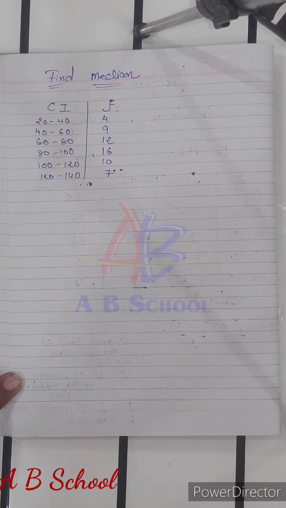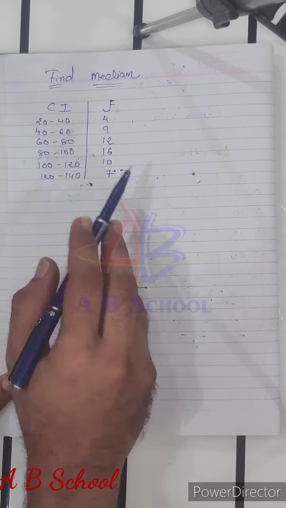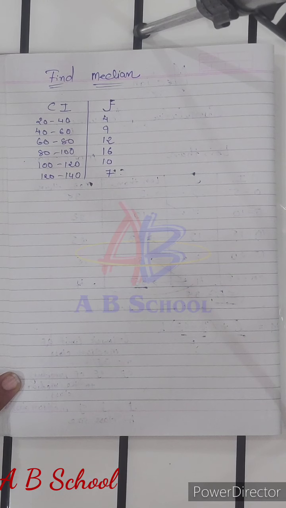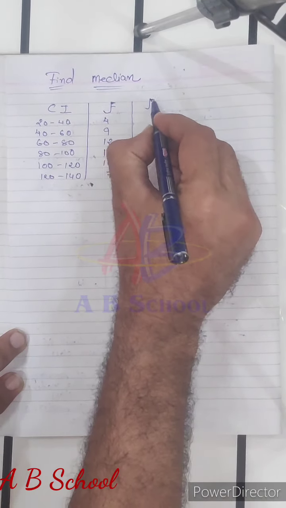Okay, let us take this example. We have already been given the class interval and frequency. We are supposed to find the median. Before starting, I need to find the cumulative frequency.